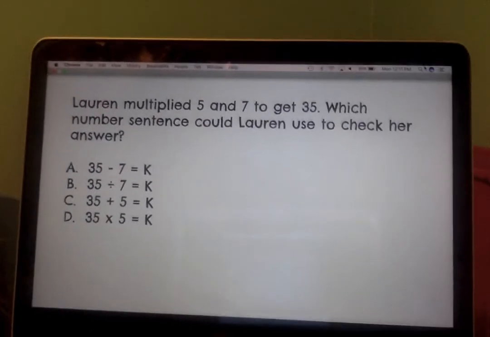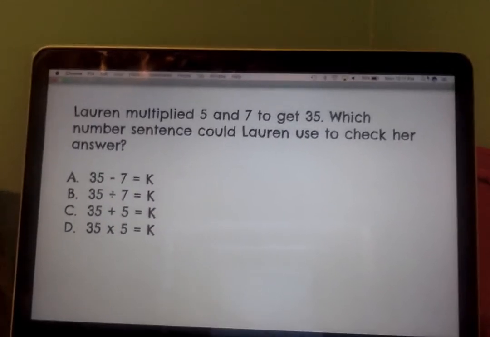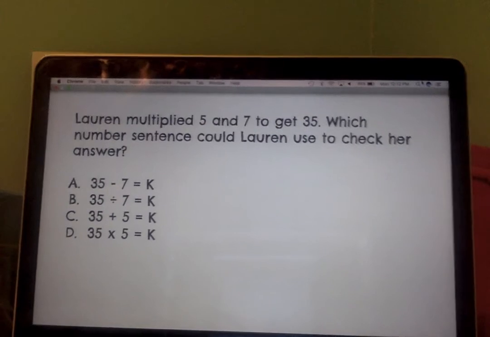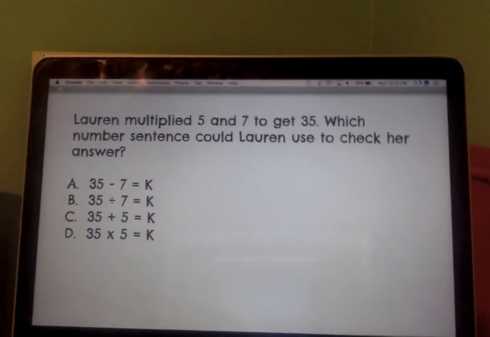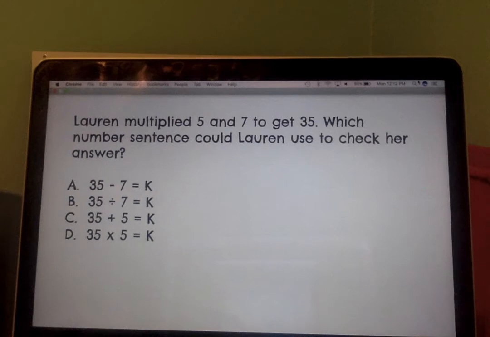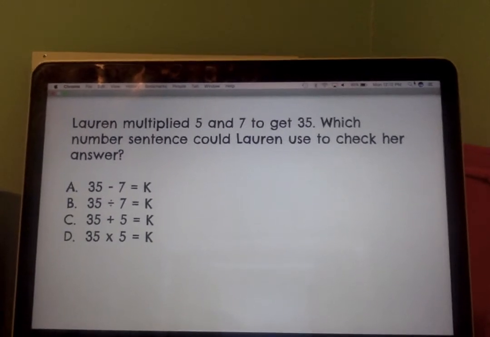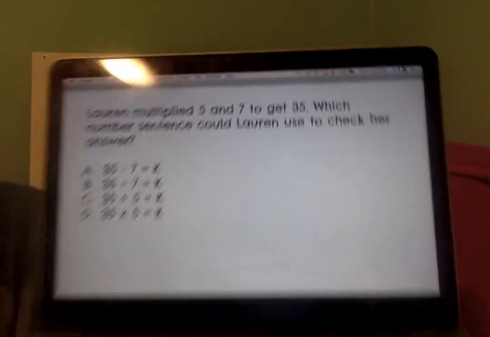Which number sentence could Lauren use to check her answer? We have A, 35 minus 7 equals K. B, 35 divided by 7 equals K. C, 35 plus 5 equals K. And D, 35 times 5 equals K.